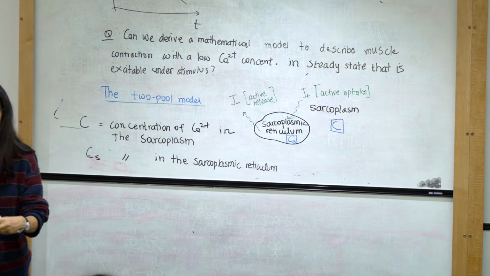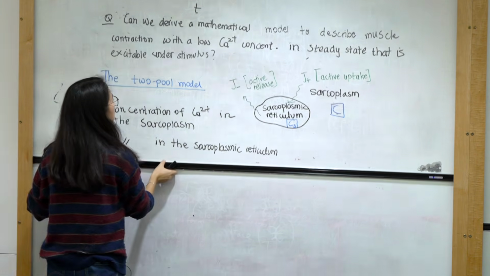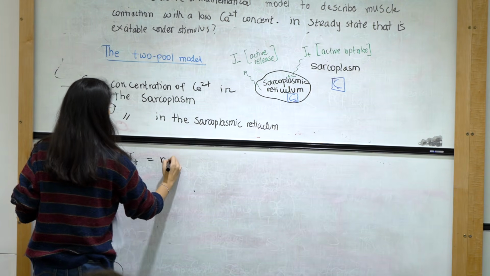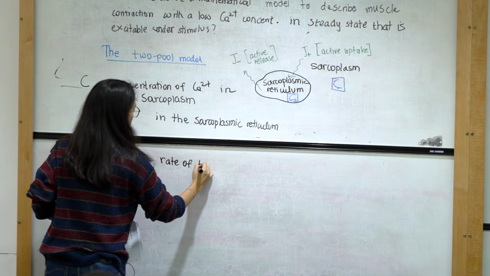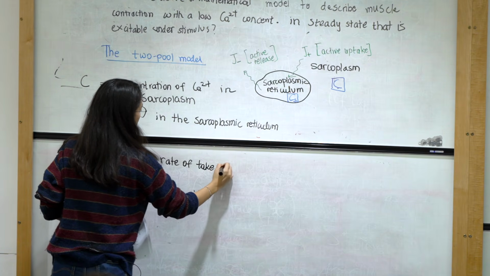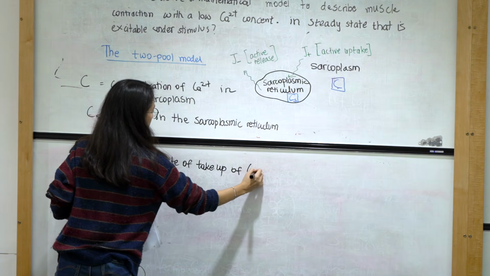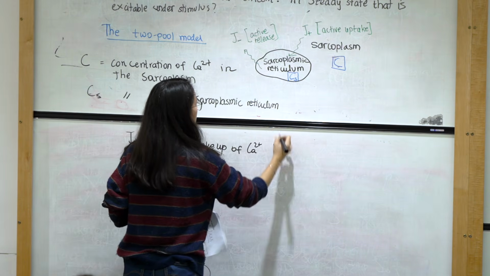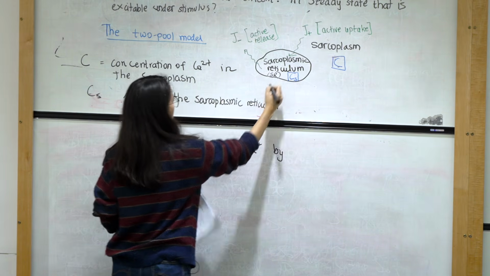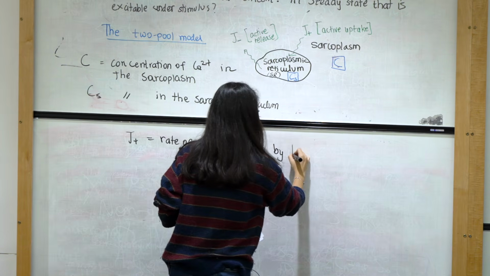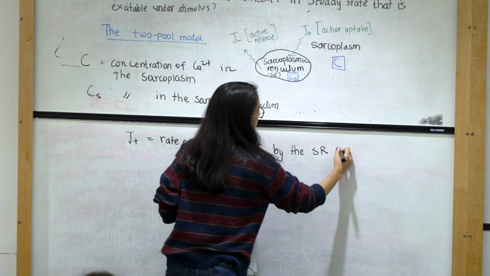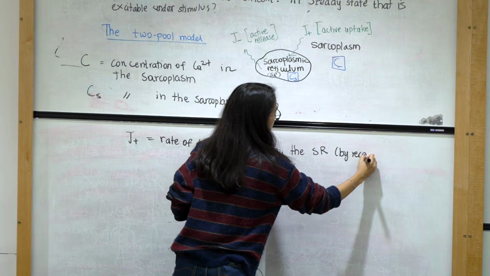Okay, so let's write this down. J+ is the rate of uptake of calcium by the SR, by the way. I'm just going to use this so that I don't have to write it all out. And this usually happens by something called a receptor.